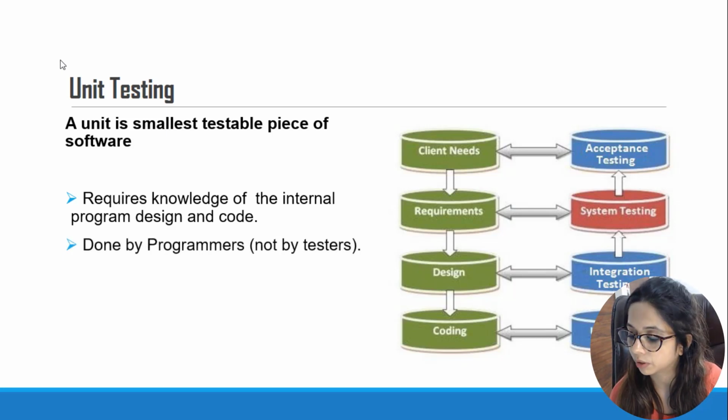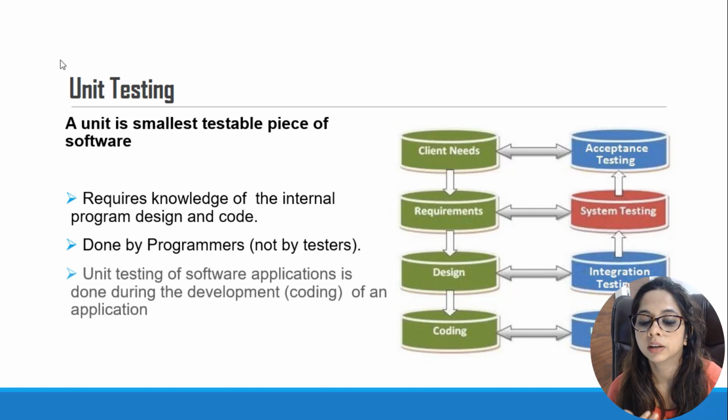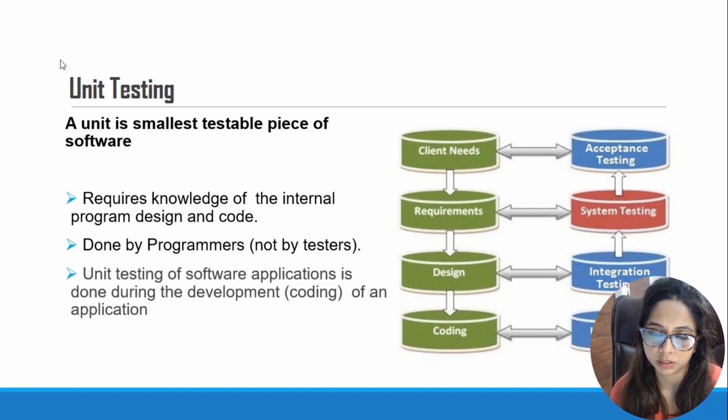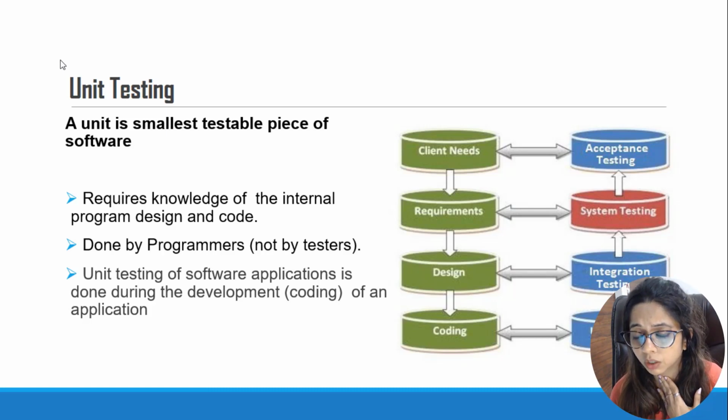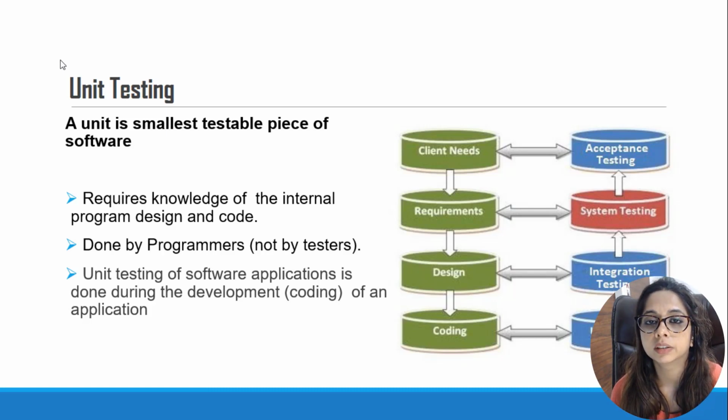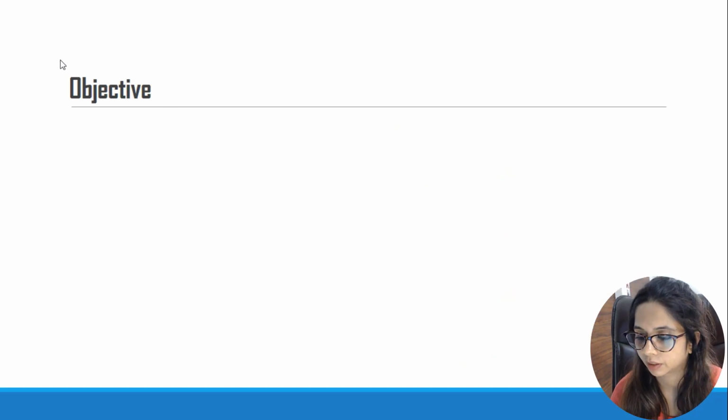It is done by the programmers, already discussed. Unit testing of a software application is done during the development phase. So while the code is being developed, the developers, after developing the piece of code, do unit testing on it. So it is during the development itself, right?